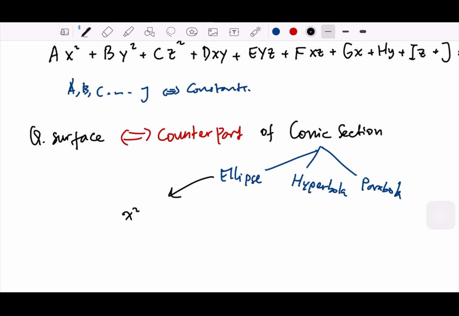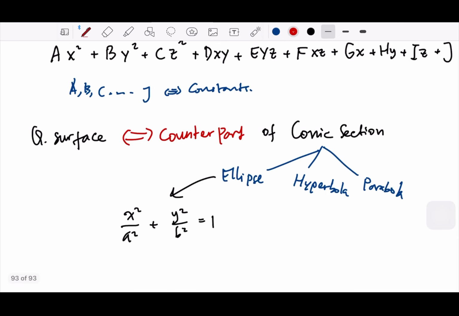Now we can write some of these conics. First, the ellipse. You see that we have x squared plus y squared, with constants a and b, in which we are going to have the major axis along x or y.